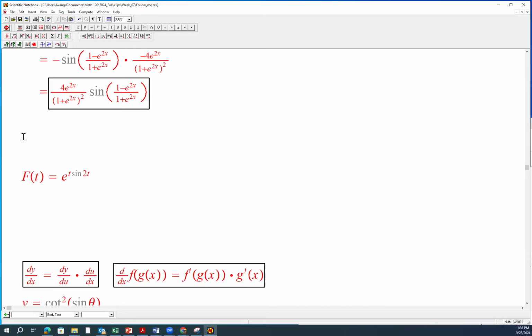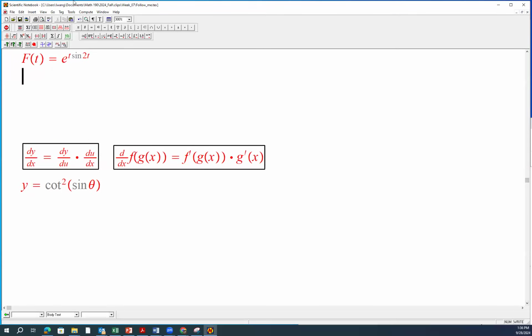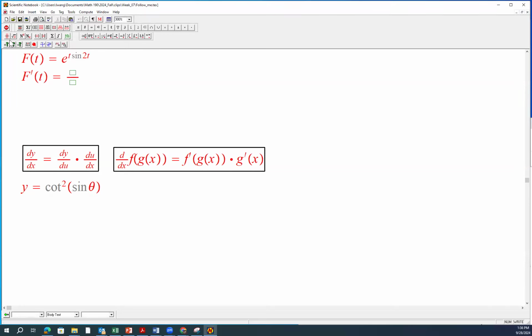So the derivative of capital F of t equals to, and obviously we have e to the power t times sine 2t, right? Yeah, we're going to pretend this is u, right? So the derivative of e to the power u with respect to u, something like this, okay?